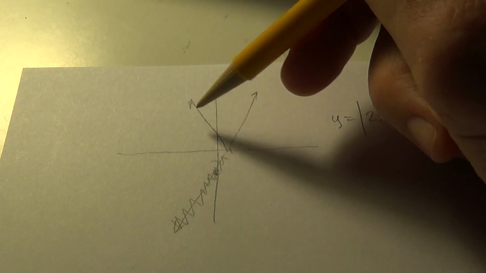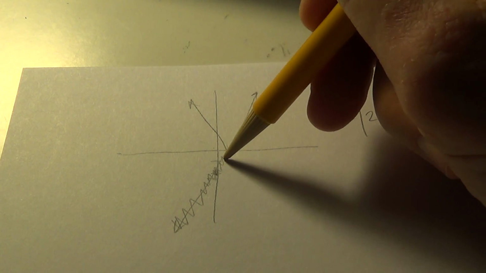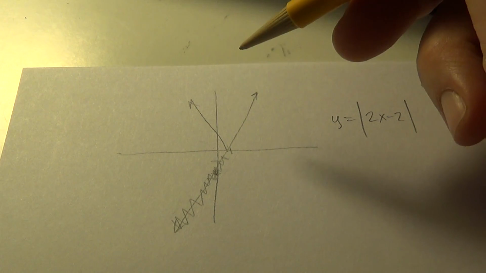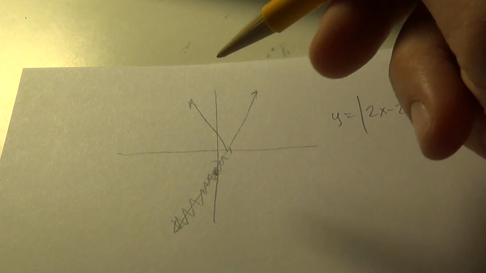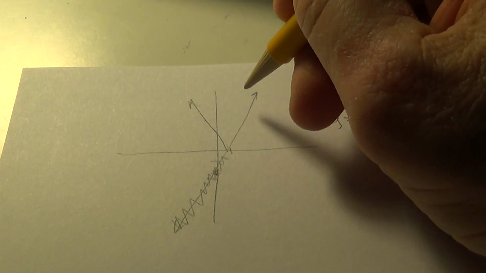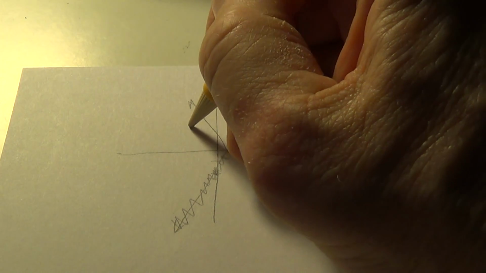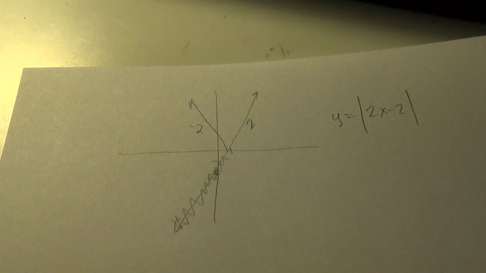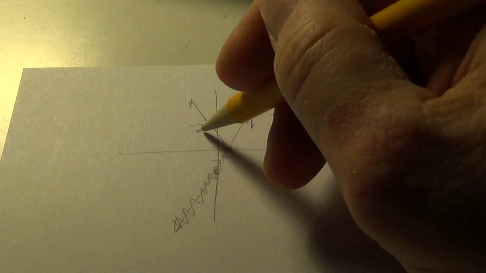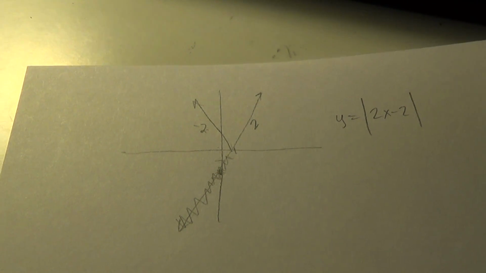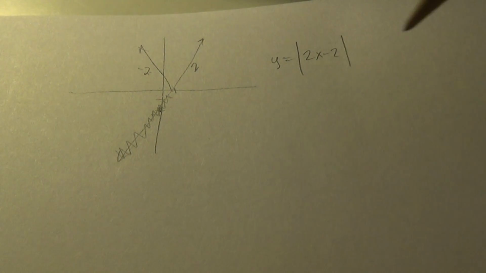But on this side, when f of x was negative, the derivative becomes the actual negative value. So suppose the derivative of this is 2, which it is, then the derivative of this is -2. So it's the same, but the sign is different. The slope is positive here, negative here. So is the derivative. All right. So I keep that in mind. So what about the one that we just did?